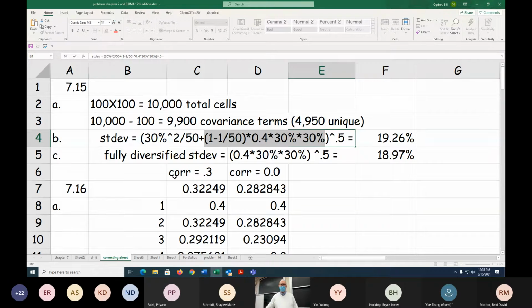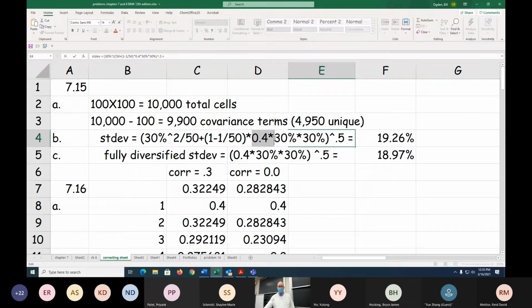On the other hand, since correlations are not 0, how low can we go? What's the limit of diversification for these specified parameters? Again, go right into the equation, set n to a monster number, a million, and you can see that this term essentially goes to 0. 1 minus 1 over 1,000,000 is really 1.